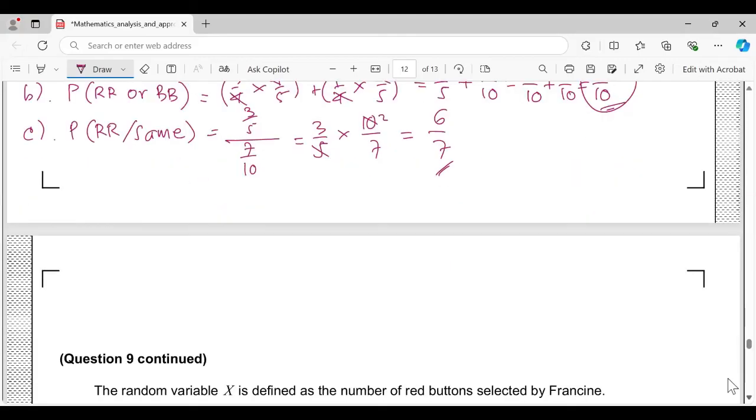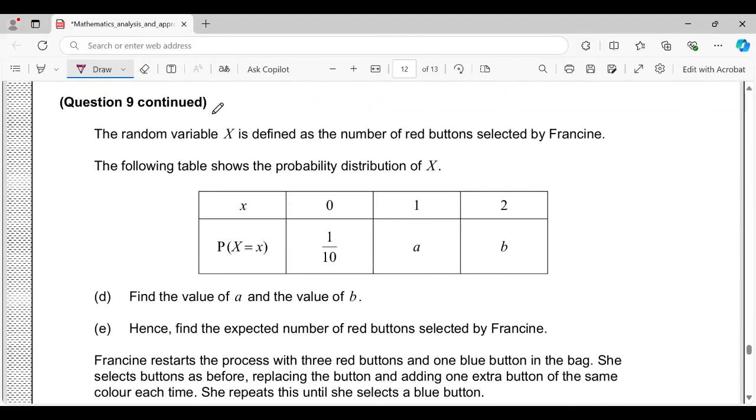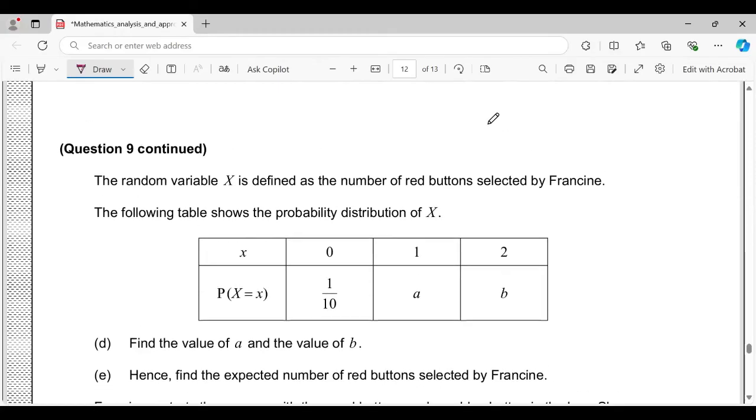Next. The random variable x is defined as the number of red buttons selected by Francine. The following table shows the probability distribution of x. Find the value of A and the value of B. So A equals, I will start with probability x equals 0.